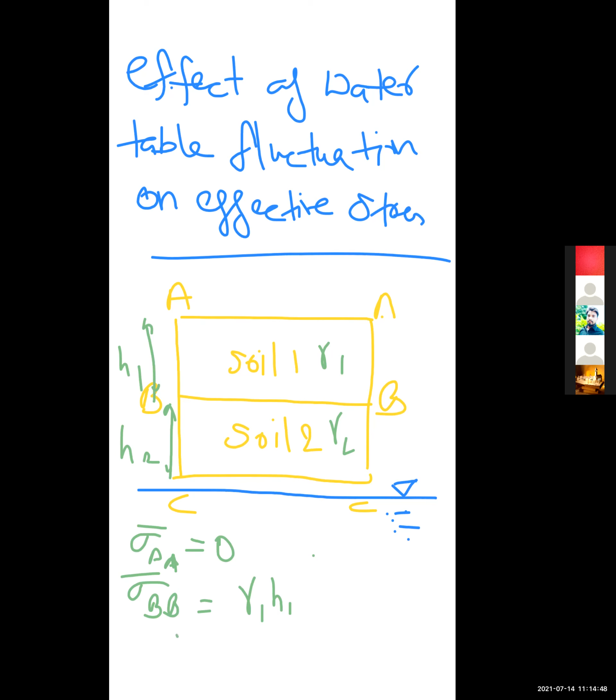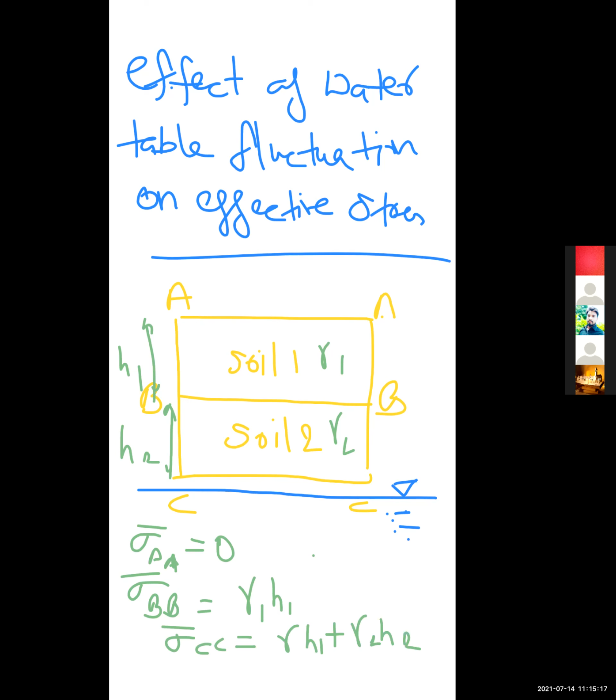Similarly, what is the effective stress at CC? Effective stress at the CC layer is the stress due to its own self weight. So gamma 1 H1 plus gamma 2 H2.